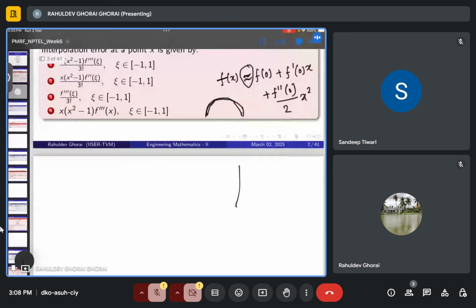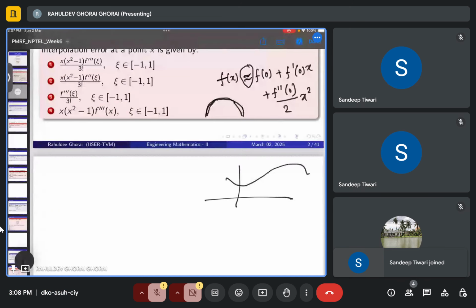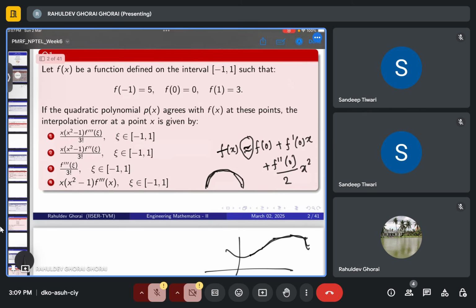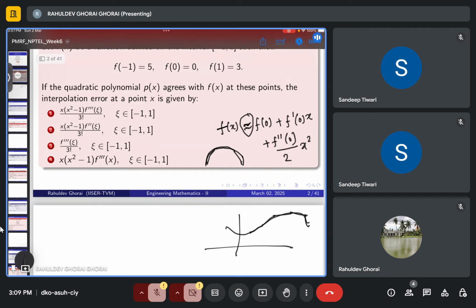You can approximate it using a line also, or using a quadratic polynomial. Of course the quadratic polynomial will give a better approximation, but the question is, what will be the approximation error? How do you calculate that?